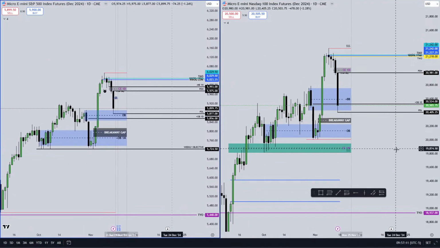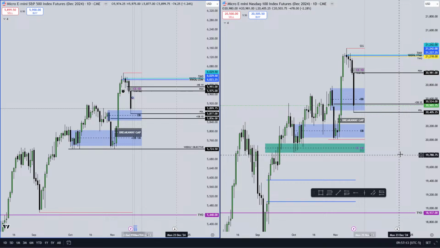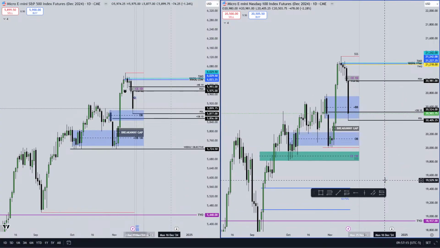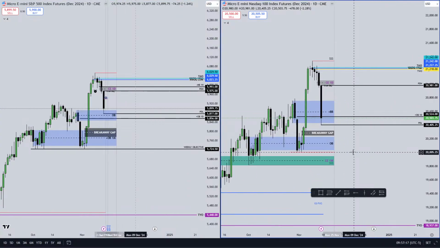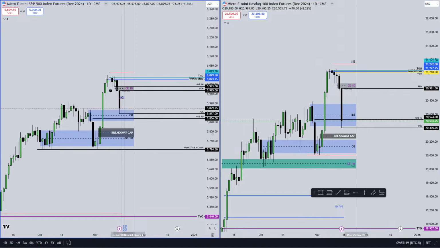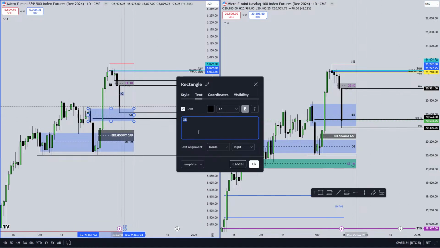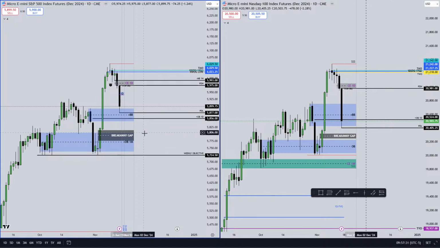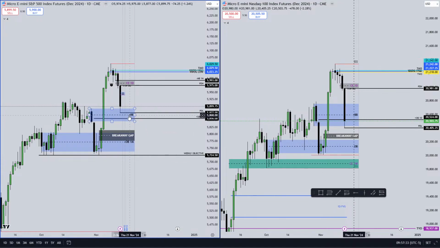So that's it for the week. This is my analysis for the coming week. Both indices are respecting this breaker block. If the breaker block is respected, we are likely to see a higher move.